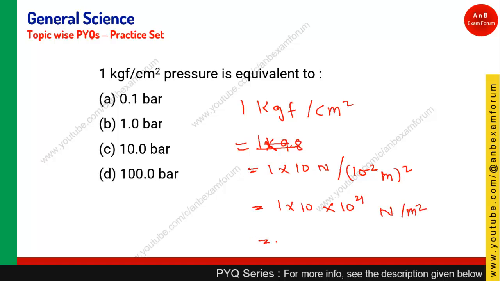So it will become 10 power 5 Newton per meter square, which is basically 10 power 5 Pascal. And you have just seen that 10 power 5 Pascal is basically 1 bar. Okay, so option B is the right answer. So 1 bar is basically equal to 10 power 5 Pascal.